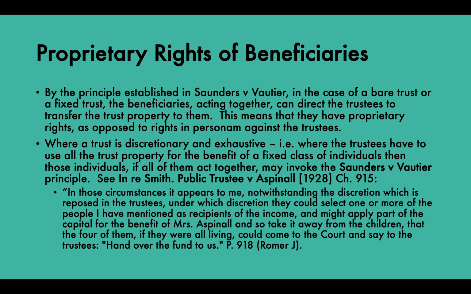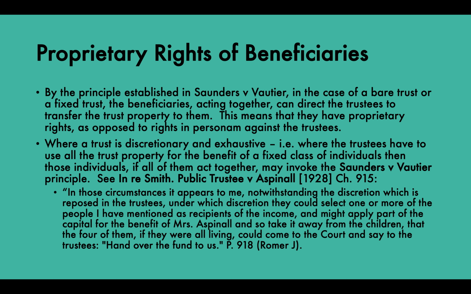They have the rights to ownership and they can direct the trustees to vest the property in them should they choose to, and if they act together to do so. This is something that you should already know from the early stages in the trust course or in my early videos where I discuss it in more depth.